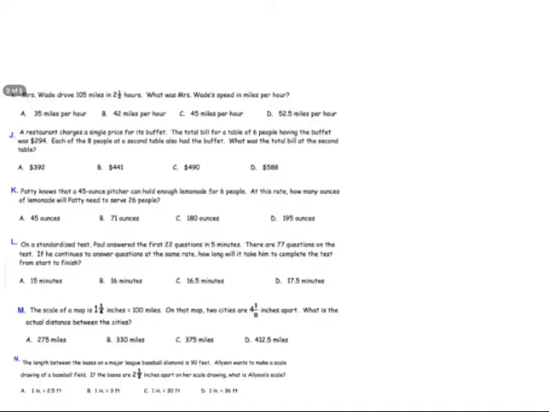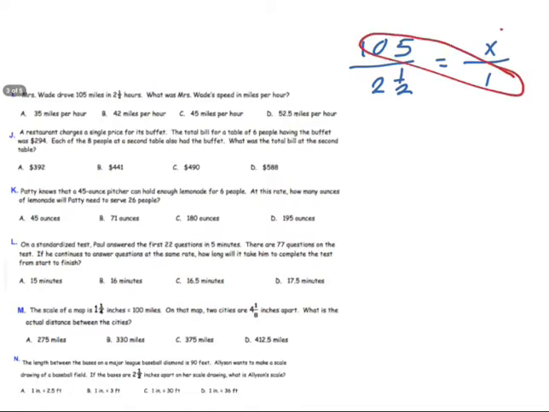We can cross multiply, so we can start by saying 105 over 2.5 equals x over 1. And we can do our cross multiplication by drawing our butterfly and actually doing the multiplication. So 105 times 1 is still 105.